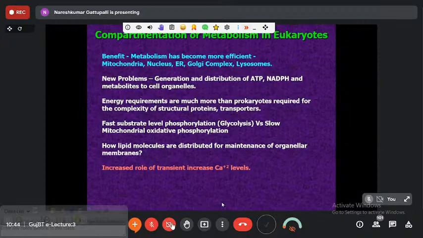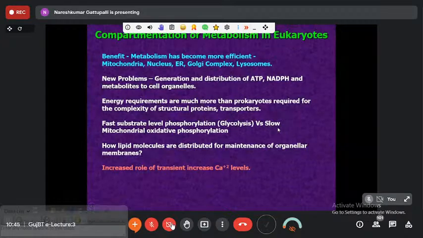And the energy requirements for all the processes are similar to those in prokaryotes, but the eukaryotes require much more because the complexity of the systems is greater. That is structural proteins, transporters, and so on and so forth. What we have already told you is that glycolysis is substrate level phosphorylation.